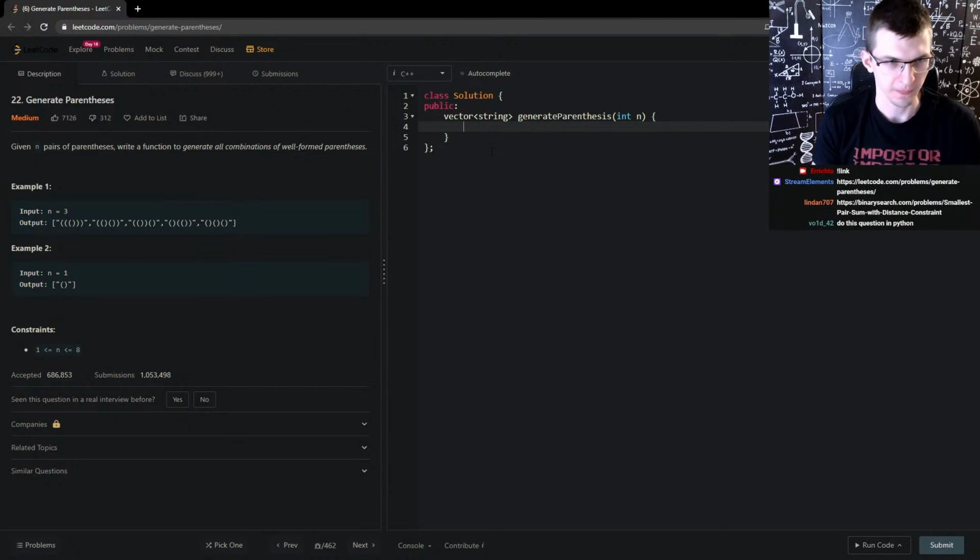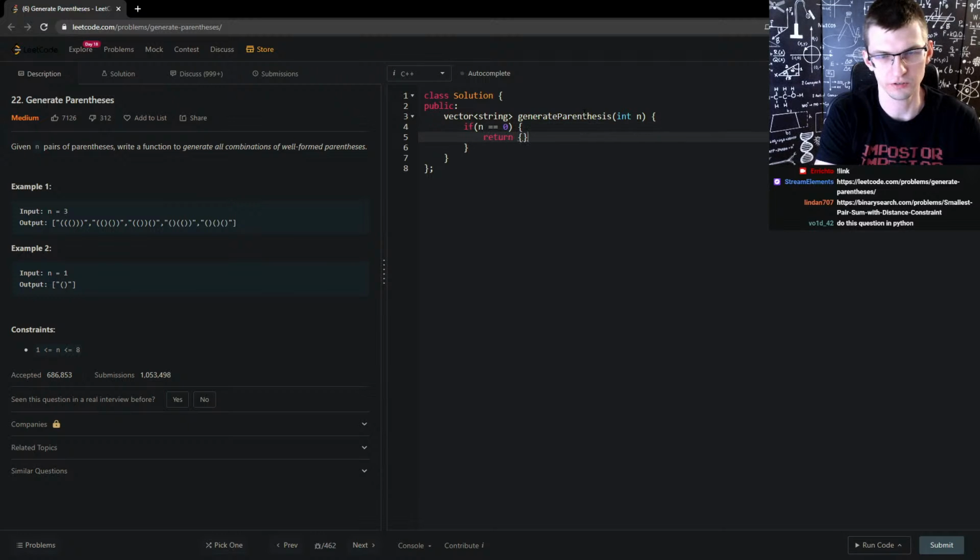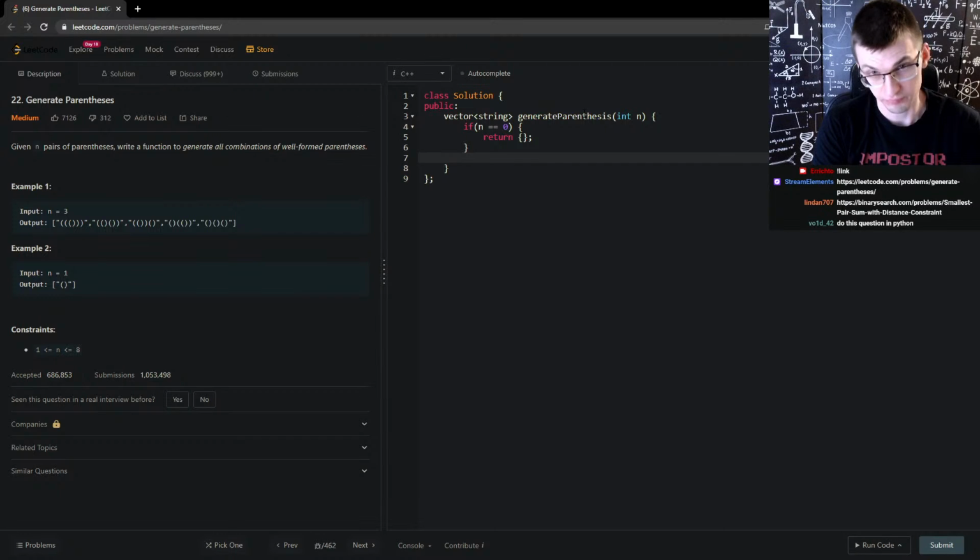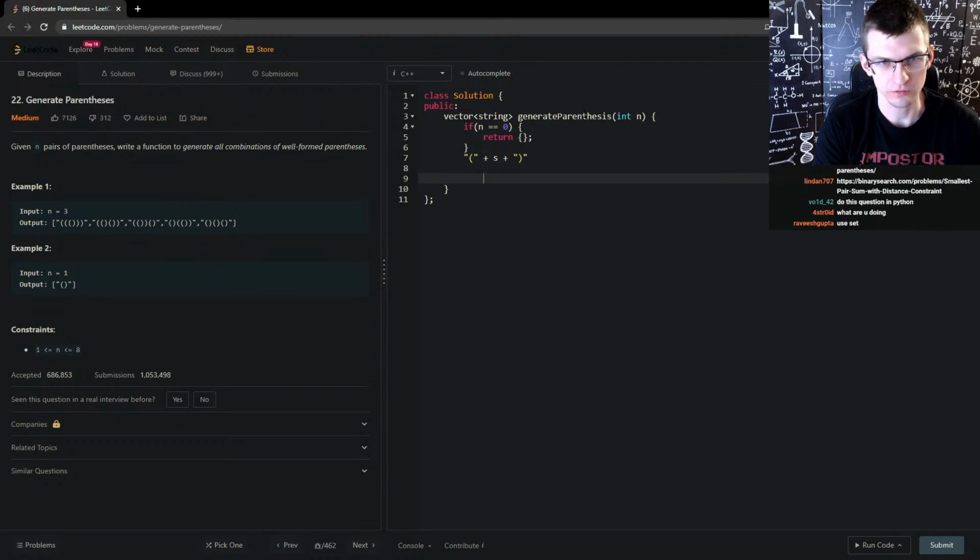Consider this. Well, we know that if n is 0, we just return an empty vector, or just with an empty string. Let's say that. And then I need to say that either I open a bracket, then I have something, then I close the bracket, or I have something and then something.